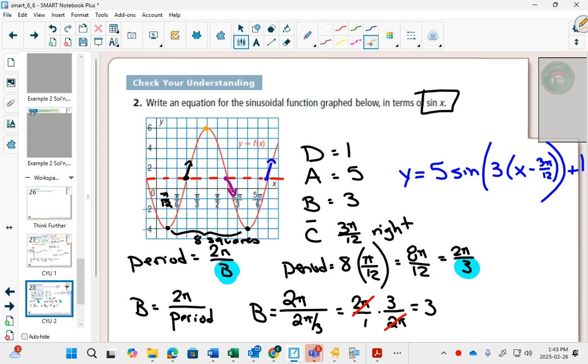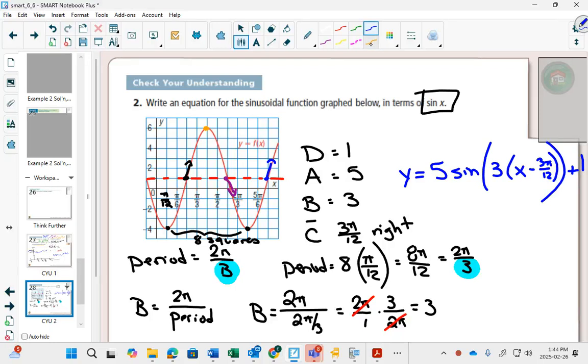Absolutely. So every graph, they're called sinusoidals, you can always make a cos equation and a sine equation. And for each of them, there's an infinite amount of right answers. But if you just guess, you probably won't get it right. Even though there's an infinite amount of right answers, just guessing doesn't necessarily work out for you.